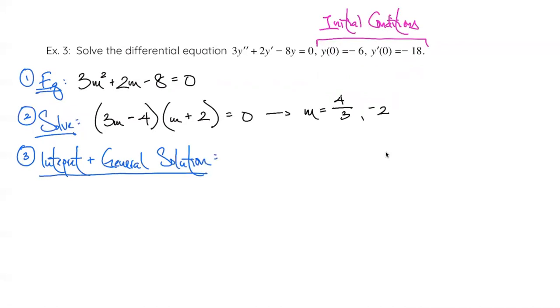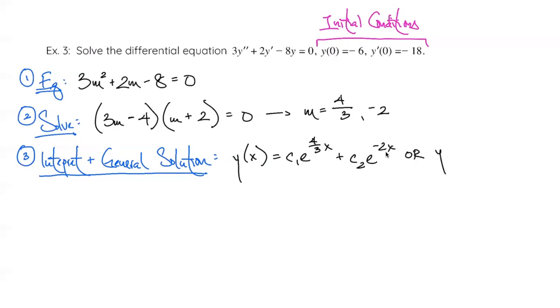General meaning you still have C1 and C2 as variables, as letters. And so we know because these are different, 4/3 and negative 2, that we could write this as C1 e to the 4/3 x plus C2 e to the negative 2x. That would be one way of writing it.